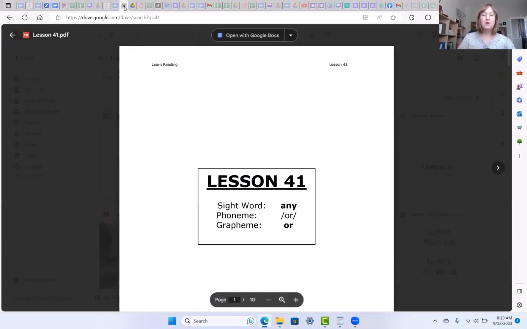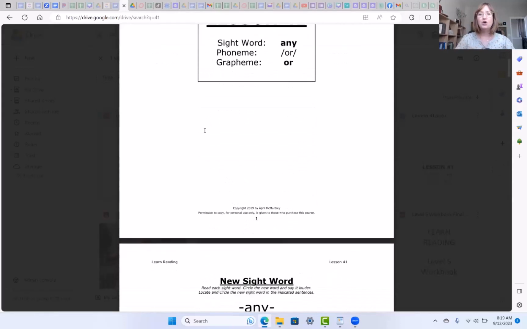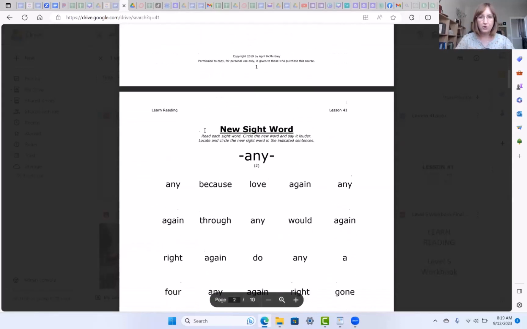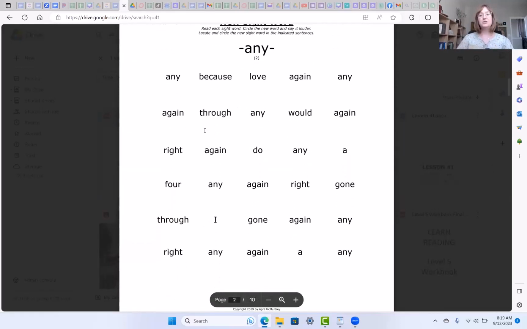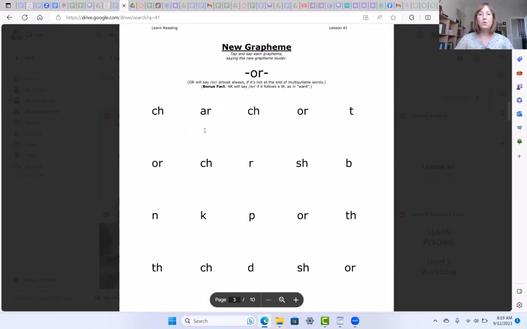Okay, here we are in lesson 41. Our sight word is any, as in, would you like any donuts? Here is your sight word page for any. Your new grapheme is OR, and OR will say or almost always. When it doesn't say or, I'm going to teach you that in a different lesson.